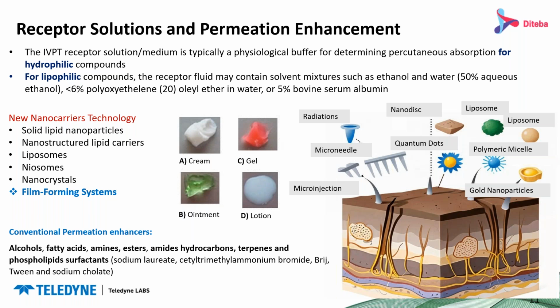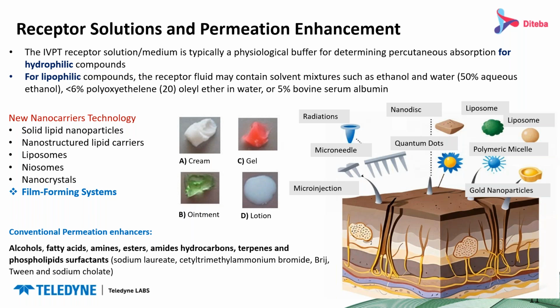Highly lipophilic substances often need additives like ionic surfactants to enhance uptake. For these components, the OECD suggests solvent mixtures like 50% aqueous ethanol and 5% bovine serum albumin.